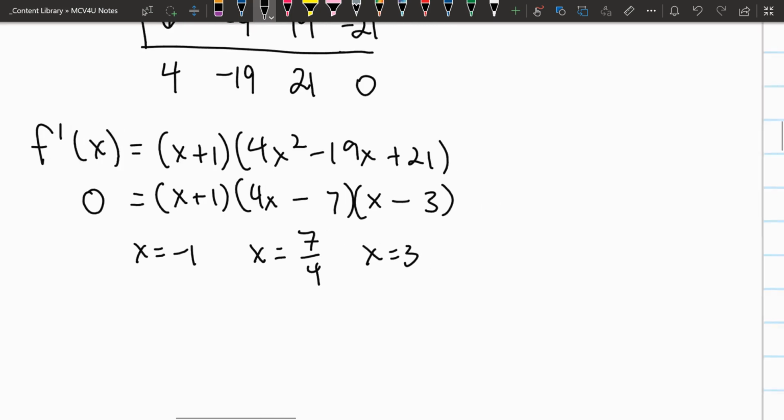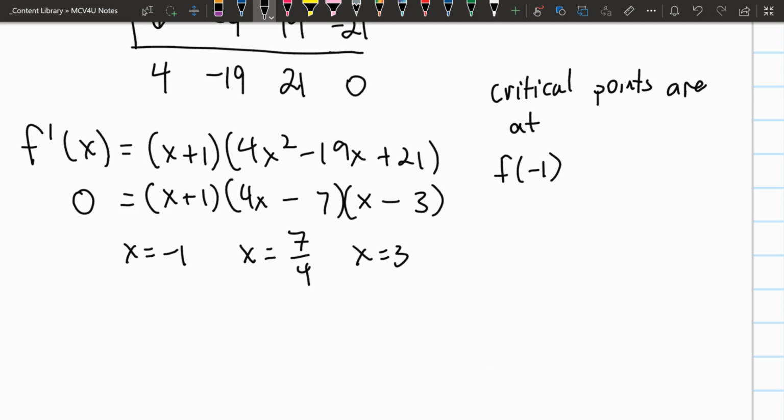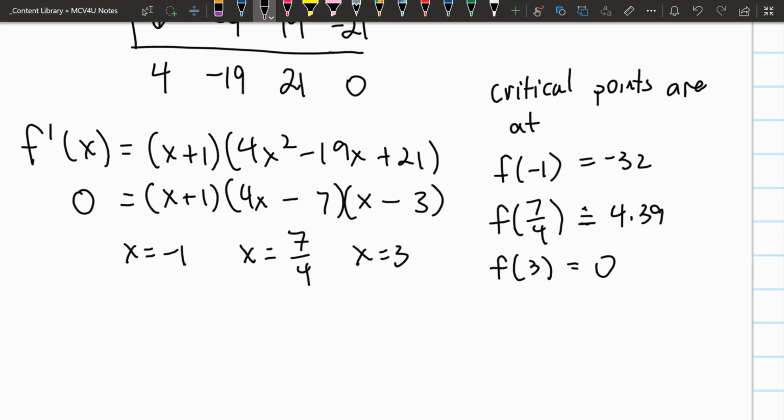Now, just for brevity here, the critical points are at, and I will just give you the y values. So at f of negative 1, we have negative 32. At f of 7 over 4, we have something approximately equal to 4.39. And then at f of 3, we have 0. Okay.